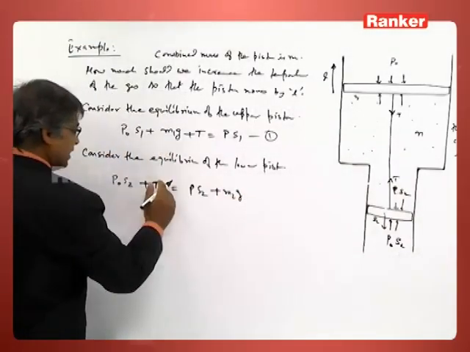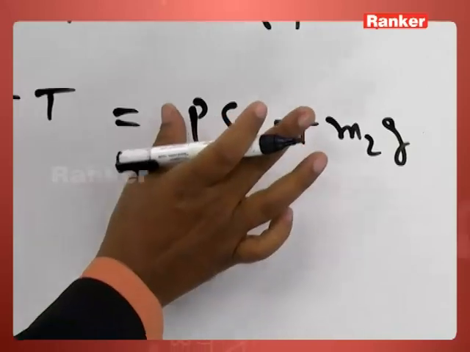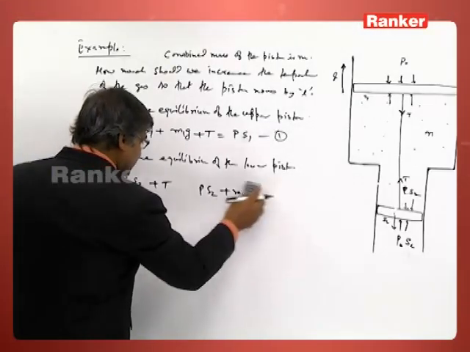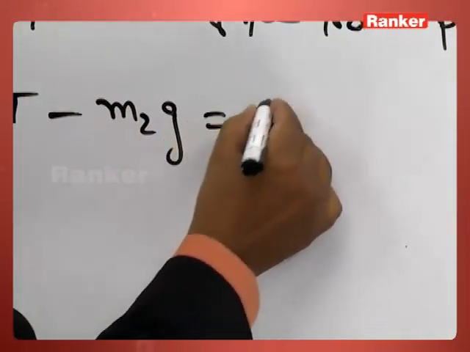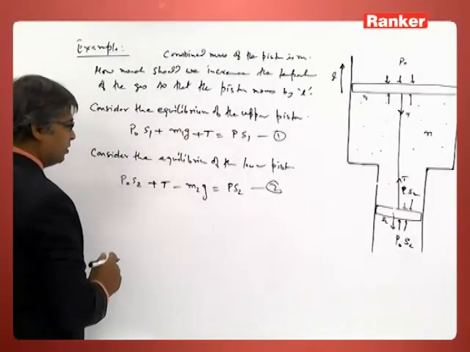So we can bring this M2G to this side, and then minus M2G is equal to PS2.